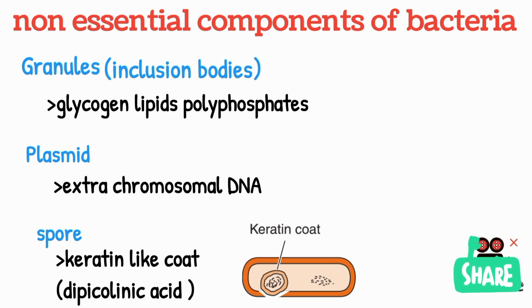This basically gives the spore its resistance against heat. Very high heat and temperature, these spores are resistant because of this D-picolinic acid, and they have a small amount of cytoplasm and nucleoid. And when the condition is favorable, proper temperature comes and there is proper water and nutrient supply, then these spores can germinate into potentially pathogenic bacteria.